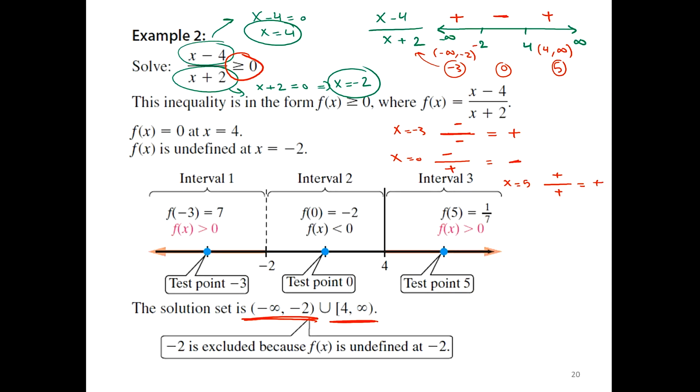Put a union between them. So the solution is from negative infinity to negative 2, union from 4 to infinity. This is the solution set.